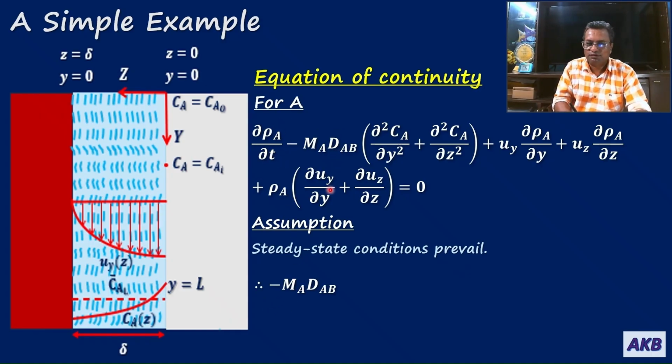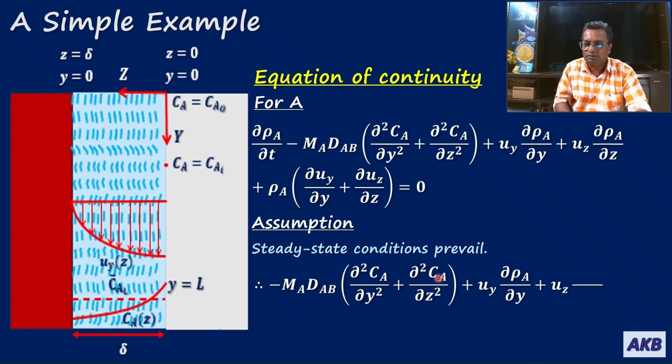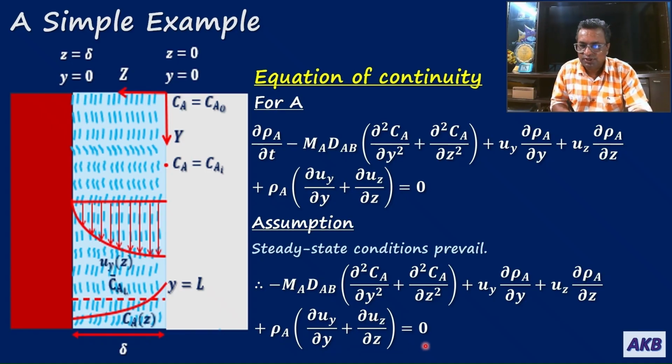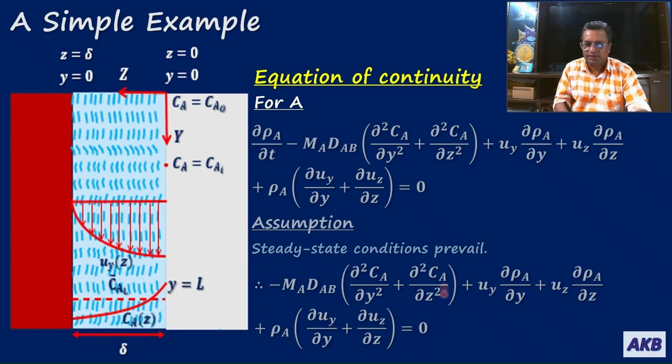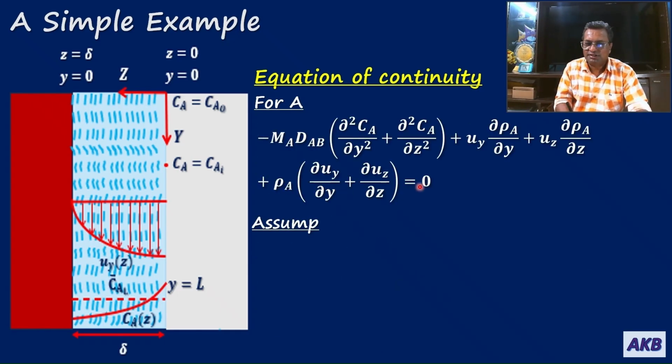Therefore this equation will be modified to this form: −MA·DAB·(∂²CA/∂y² + ∂²CA/∂z²) + Uy·∂ρA/∂y + Uz·∂ρA/∂z + ρA·(∂Uy/∂y + ∂Uz/∂z) = 0. Let us move ahead.